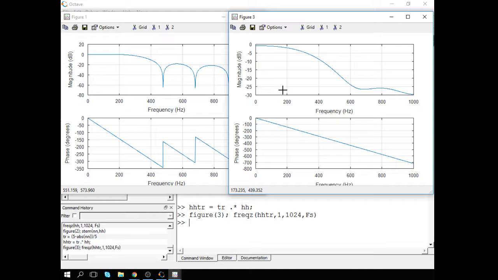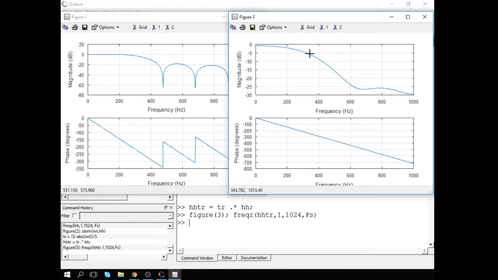But for that one, I would like to make a note that currently our cutoff frequency is around 350 Hertz, and the transition bandwidth is about, let's see, maybe I'll just point it.